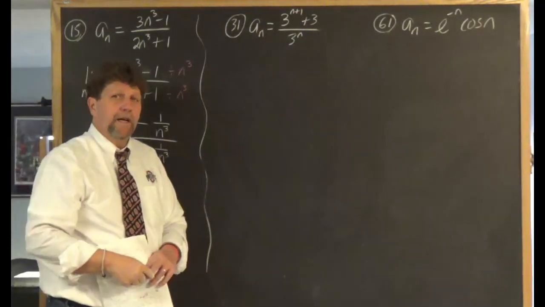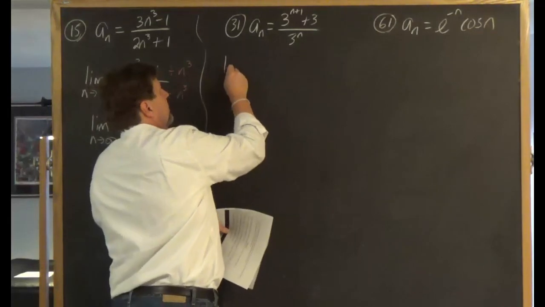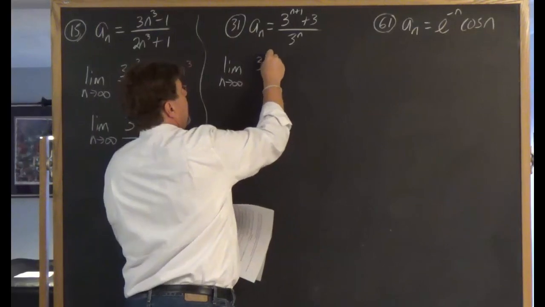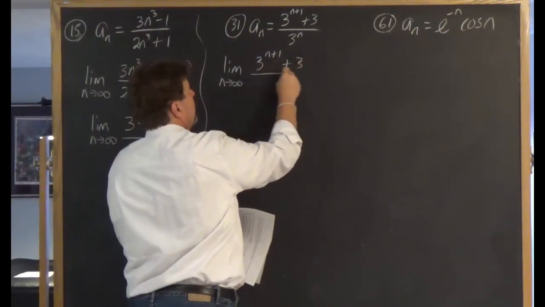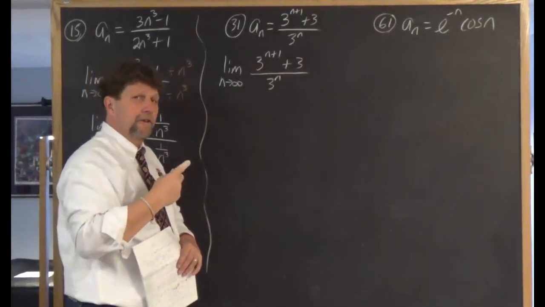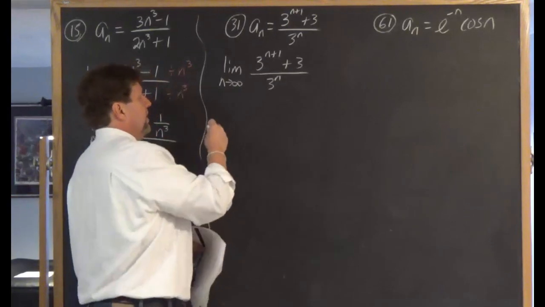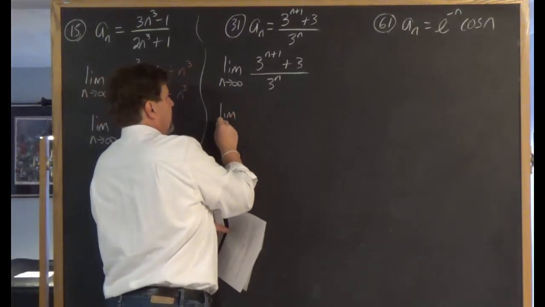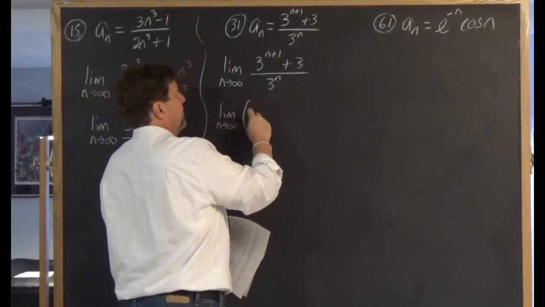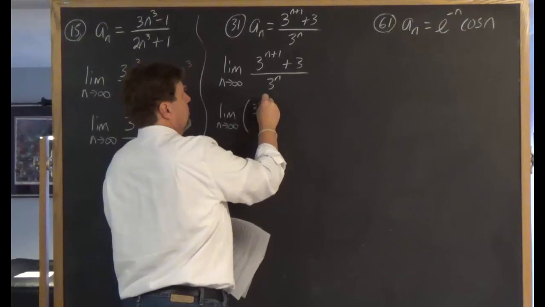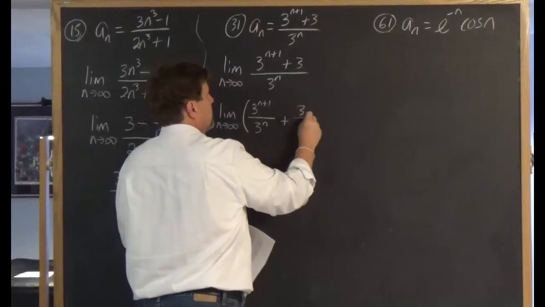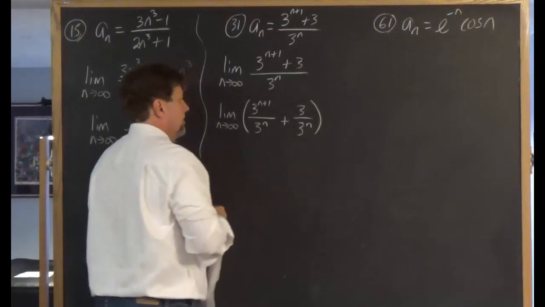All right, 31. Let's see here. The limit as n goes to infinity of 3 to the n plus 1 plus 3 over 3 to the n. The first thing I see is a lot of 3's cruising around here, so I'm wondering if I can take advantage of the fact that 3 to the n could be considered a common denominator, and just write this as 3 to the n plus 1 over 3 to the n plus 3 over 3 to the n.